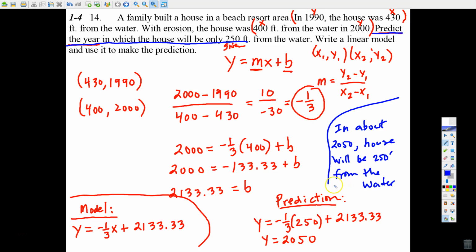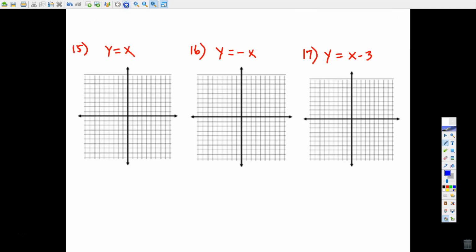And that is the conclusion to that problem. But don't skip this. A lot of people are jumping right into trying to figure out what the final answer is without giving me a linear model. And this is important, that you're able to take information and model it with algebra. All right, so that's number 14.